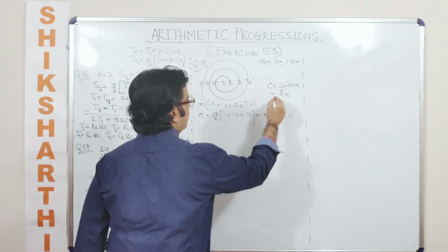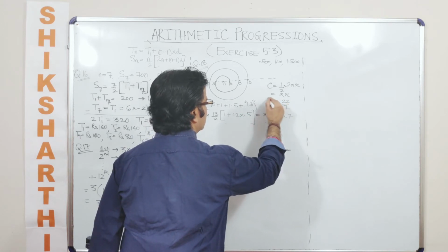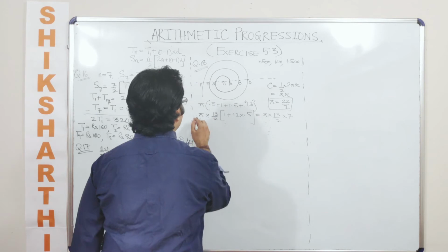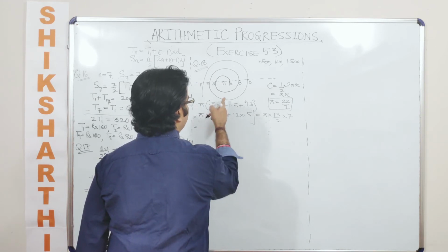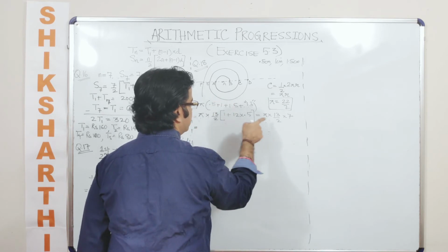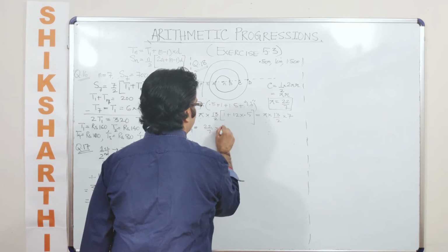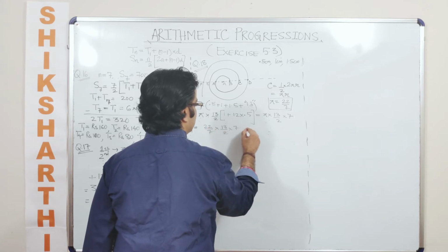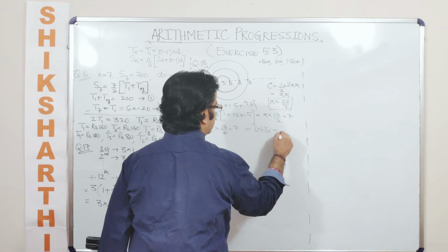Now we are considering that the value of pi is 22 by 7. So can we say that the sum of the spirals made of 13 consecutive circles, and we are talking about semi-spirals, will be 22 by 7 into 13 by 2 into 7, which is just like saying 143 centimeter should be the answer.